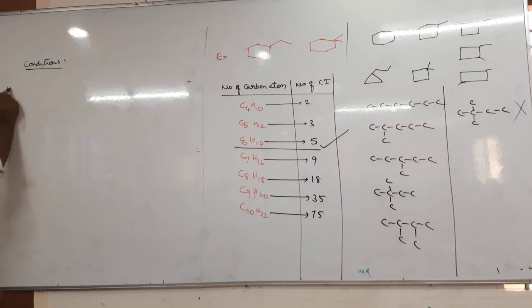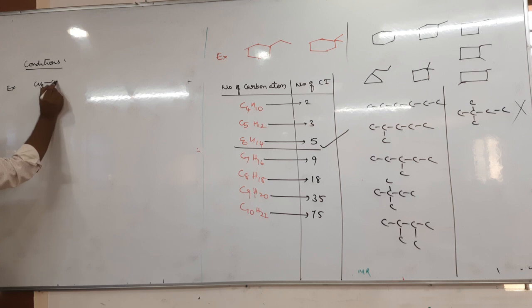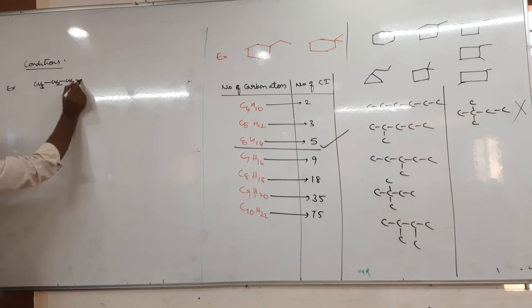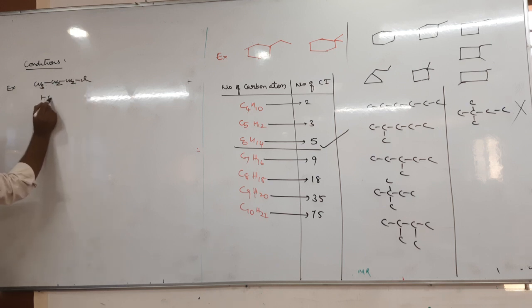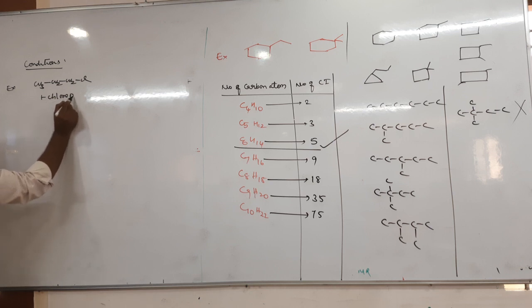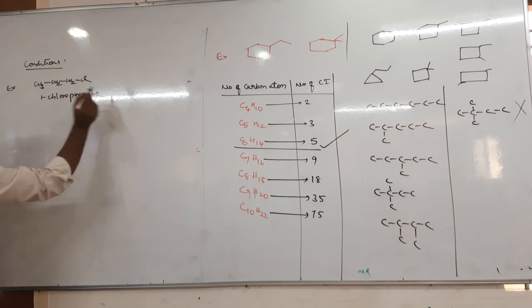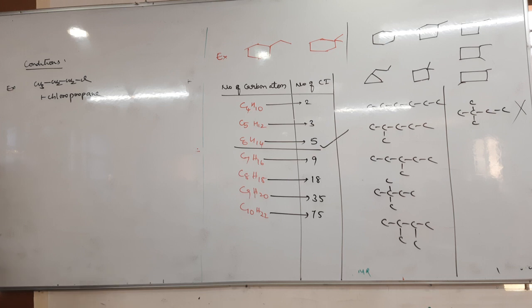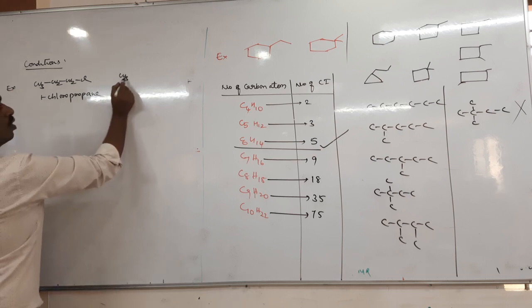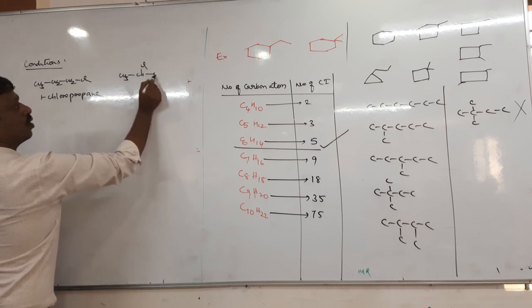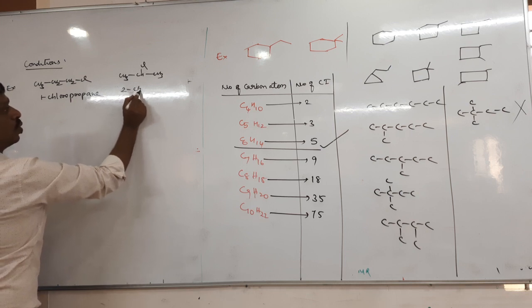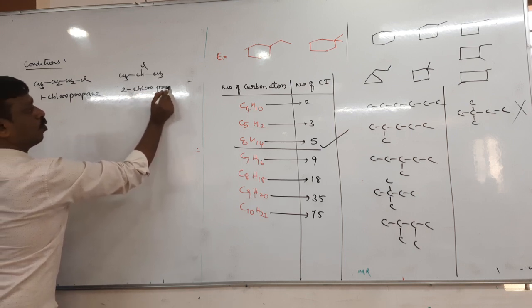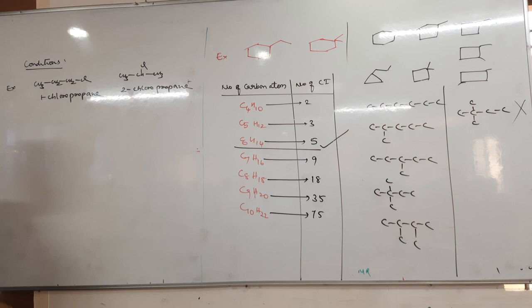For example, let us take CH3, CH2, CH2, Cl. It is 1-chloropropane, right? Yes or no? Now the other one is 2-chloropropane. 1-chloropropane, 2-chloropropane.